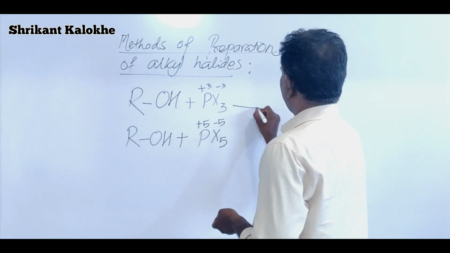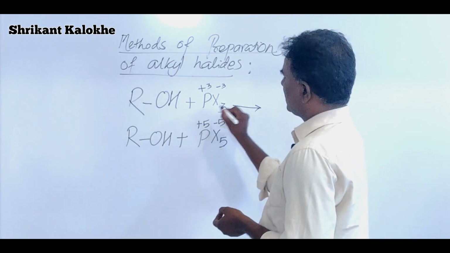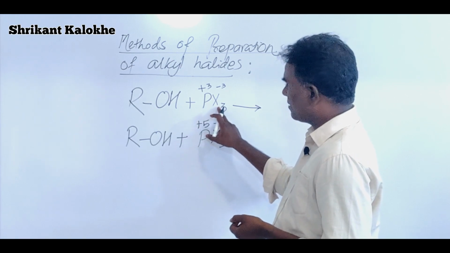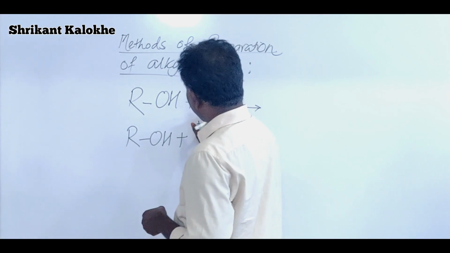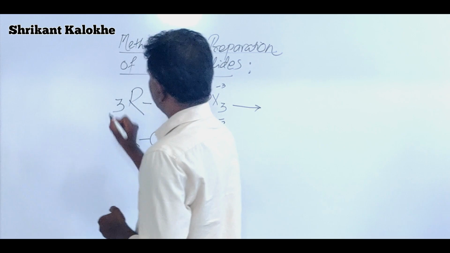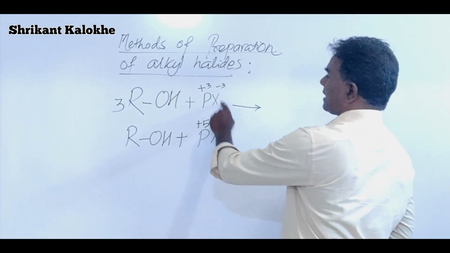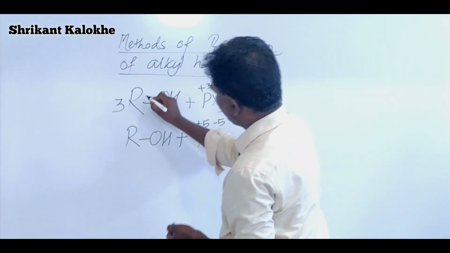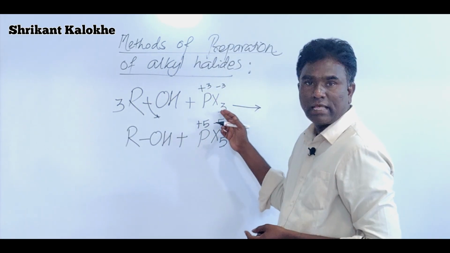Here in the first case we have to understand that 3 halide ions are there, therefore in +3 oxidation state we balance this reaction with respect to 3 halogens, and those 3 halogens will take the place of OH, meaning OH will be displaced by halogen.